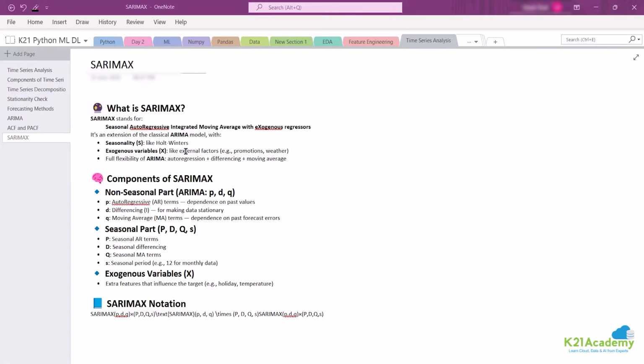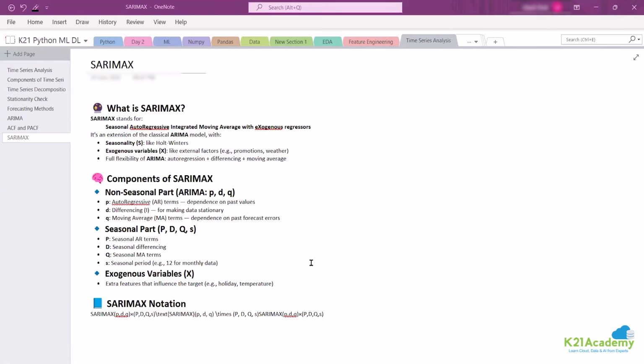And the last is the exogenous. The exogenous is nothing but the extra features that influence the target. Sometimes pollution hampers the temperature value, right? If the city is polluted, then we can say there will be more temperature in the city for that current day.